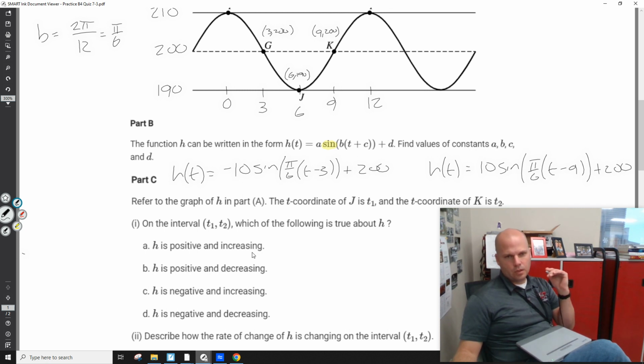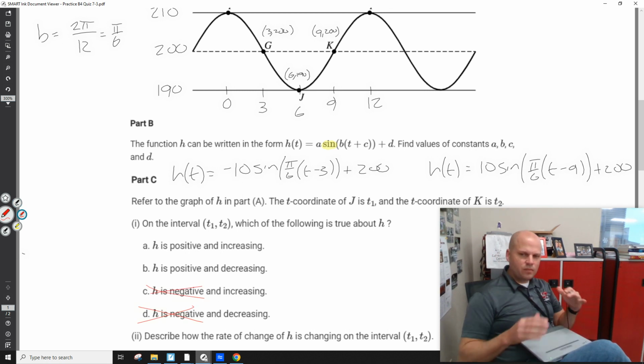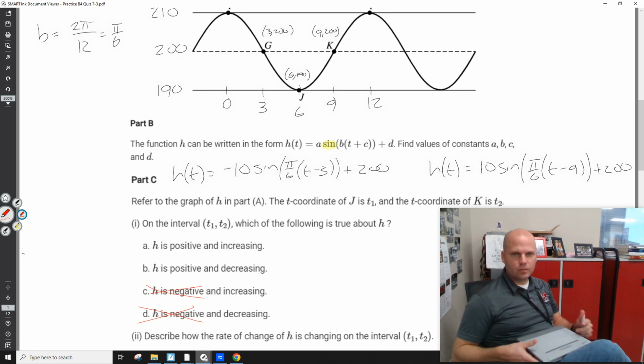It's about just the values of H being positive and increasing or decreasing negative. So right off the bat, H is not negative. Again, it's not the rate of change. It's just the values. The values of H are positive. Cool. Between J and K, they are positive and increasing.